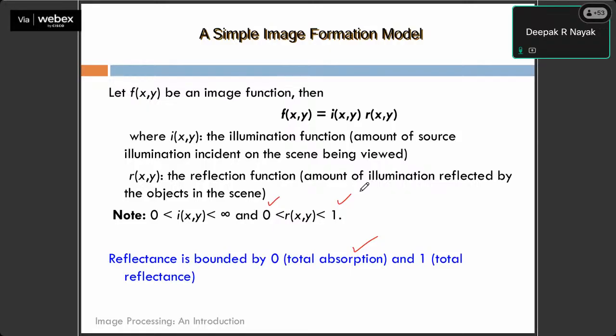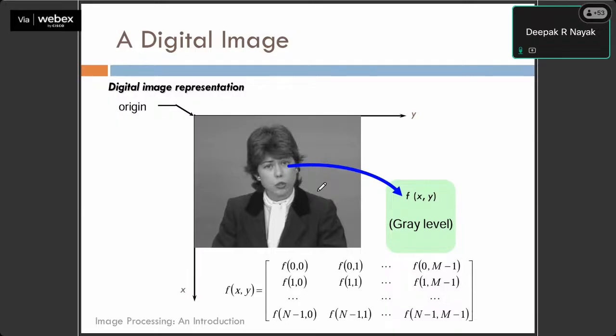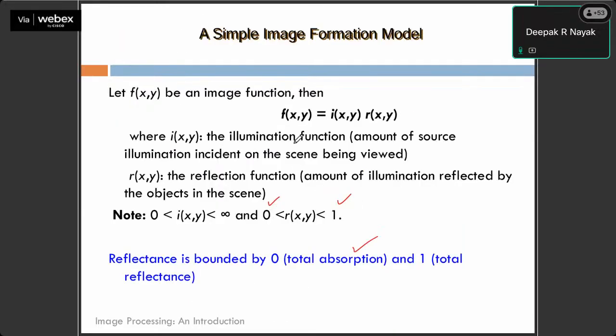So we need some process to convert these continuous values into corresponding digital values. The two stages involved in converting an analog image into a digital image are sampling and quantization. You might have heard about these two processes. Sampling is required to digitize the coordinate values, that is x and y of f of xy.